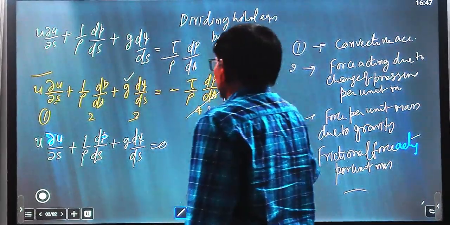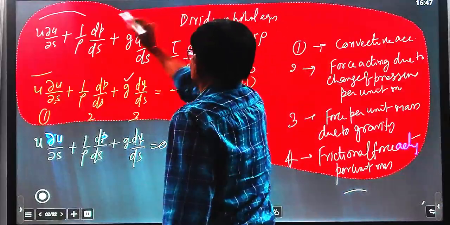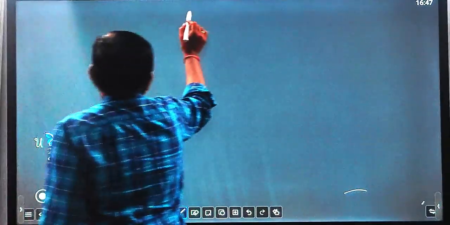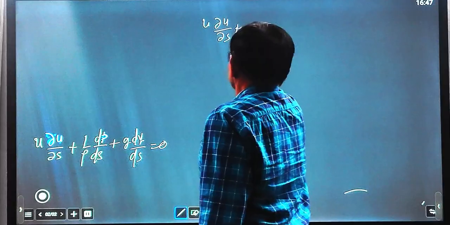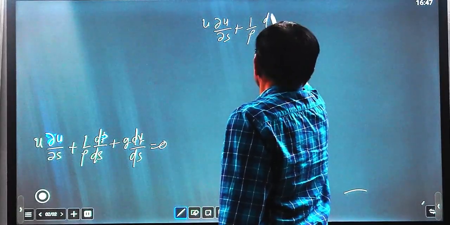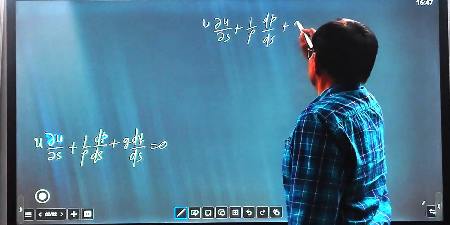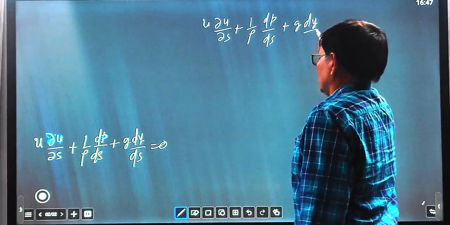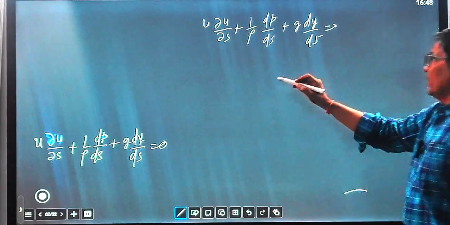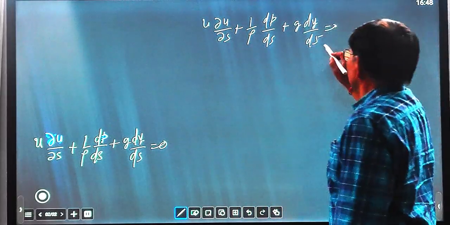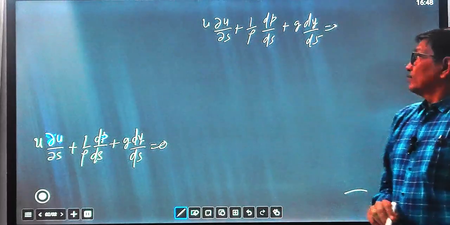So this is the general equation we have derived: u del u over del s plus 1 upon rho del p over del s plus g dy over ds equal to 0. Del s is common everywhere; please read it as del s.